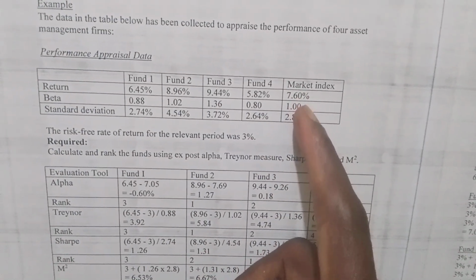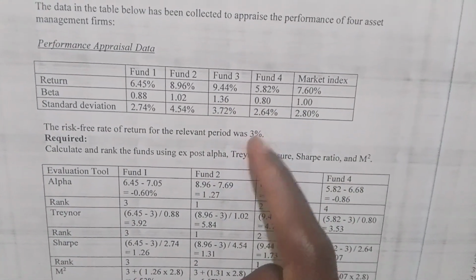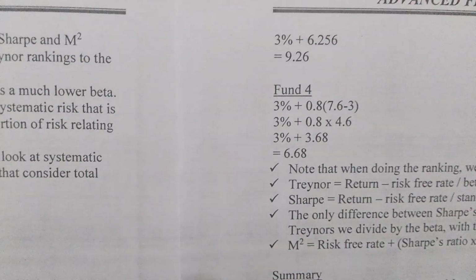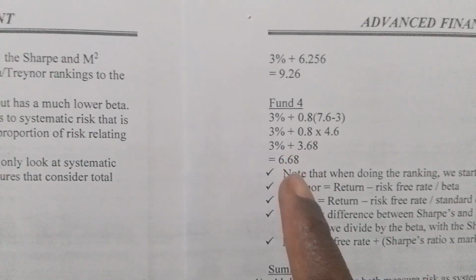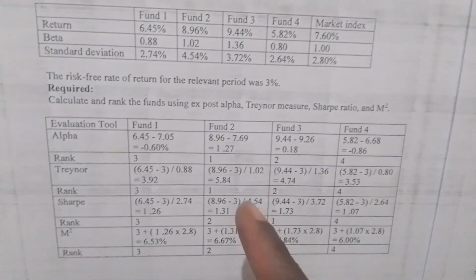You minus the risk-free rate of 3%. What you get is 6.68. So that is what you less. So we have worked out that.